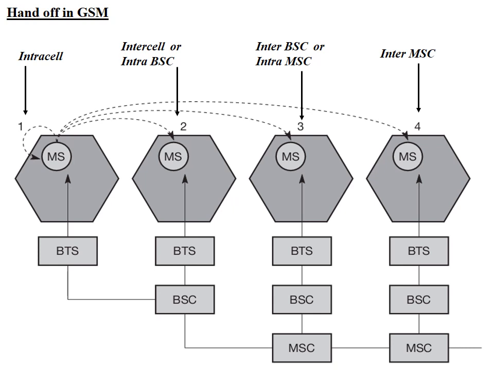So depending on the mobile station coverage area and its movement, there are basically four types of GSM handoffs. In the figure, there are four scenarios across different cells. Consider the first scenario, which is represented with a 1.